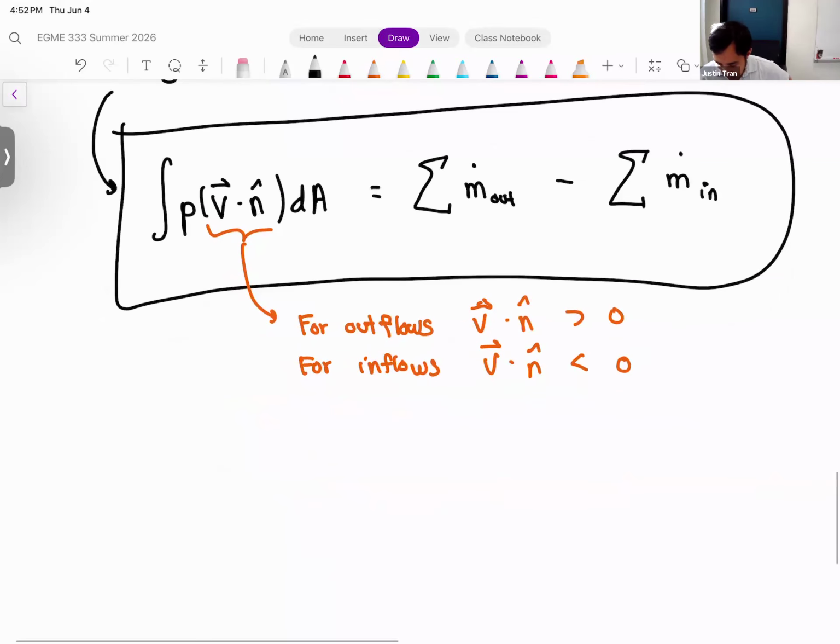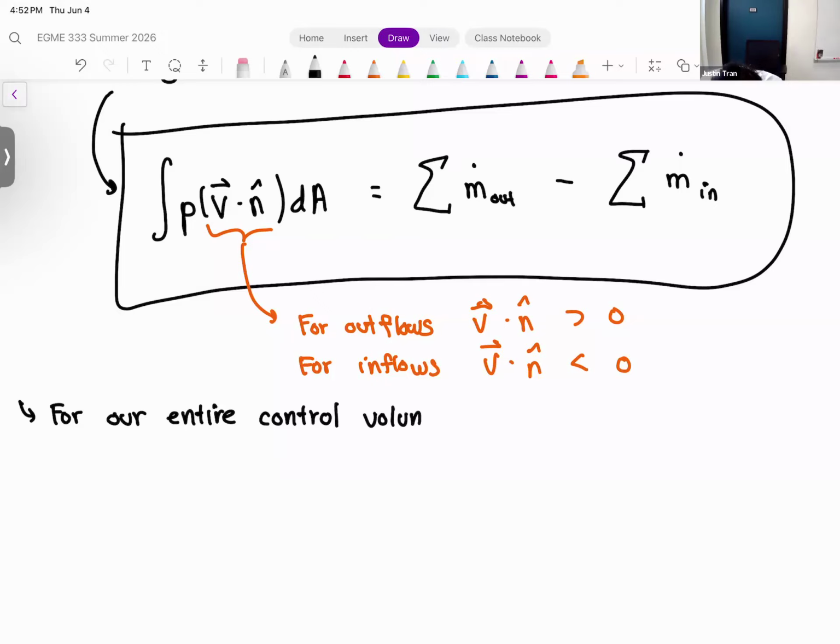Right. So in everything that we're going to do in the control volume section, we are essentially making the assumption that the velocity is uniform across a given area. Okay, so that not only goes for today, but it goes for next week as well.